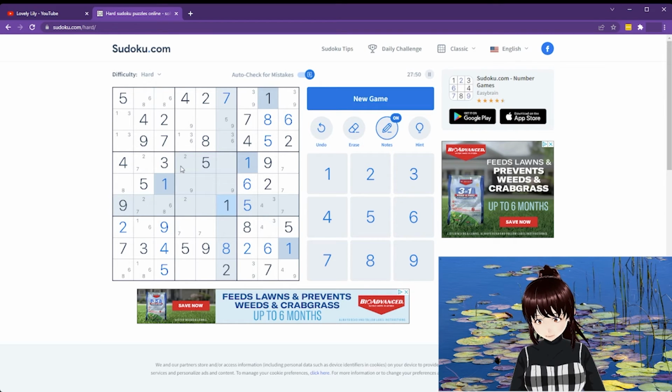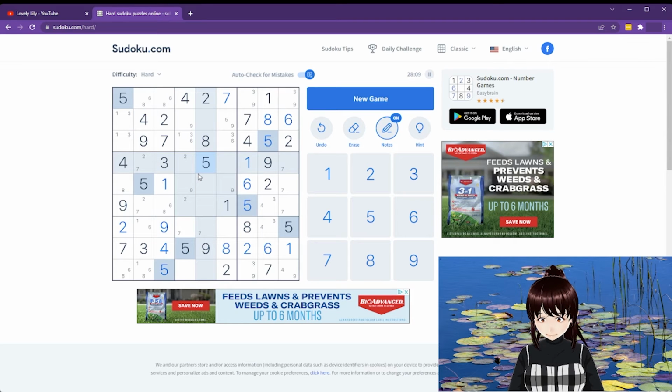Where are you, 1? Come here, 1. Nope. No 1s there. 2s, not yet. No 3s in that row. Oh, not these columns. 4s. Nope. We move on.